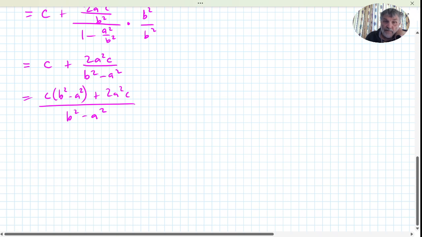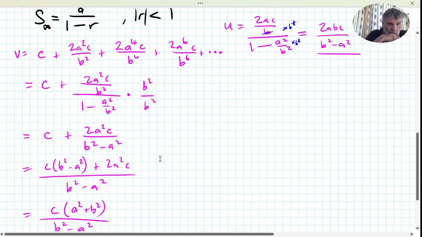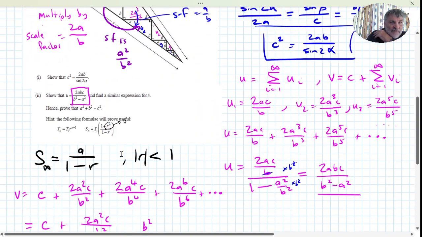We've got c times b squared, and then c times a squared, a minus sign here, but plus 2 more of them, so it's going to change it to a plus sign. So we get c times a squared plus b squared over b squared minus a squared. So that's our similar expression for v.